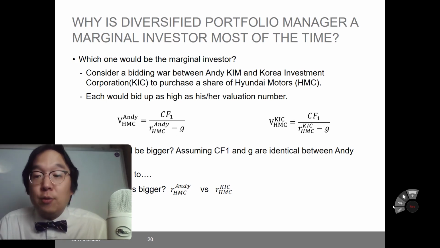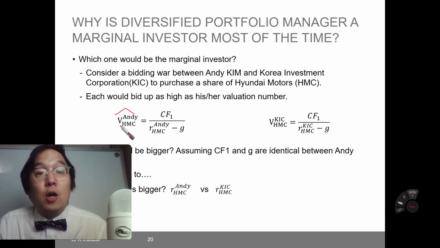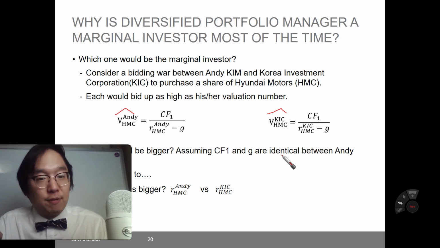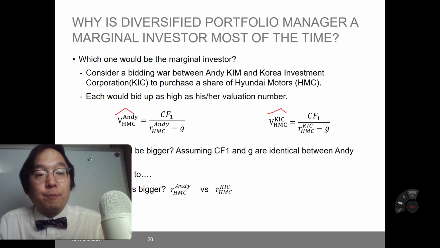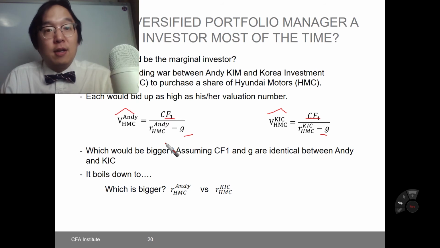So what you see on the left-hand side versus right-hand side is that the left-hand side is my valuation estimate of Hyundai Motors, and the right-hand side is the valuation estimate of Hyundai Motors by KIC, right? Now, all based on the same information about the cash flow and its growth rate. The only difference, okay, is the discount rate that we use.